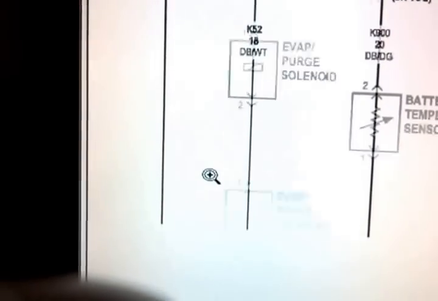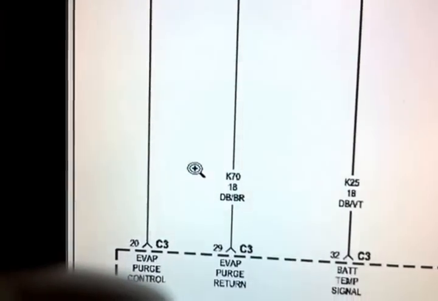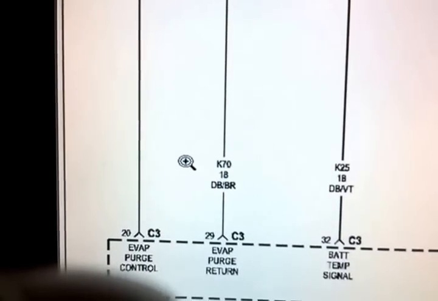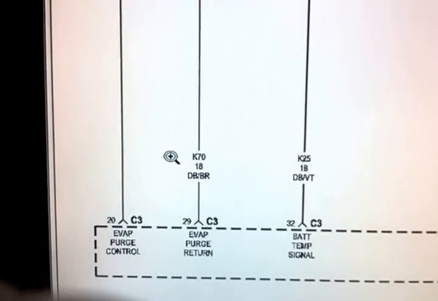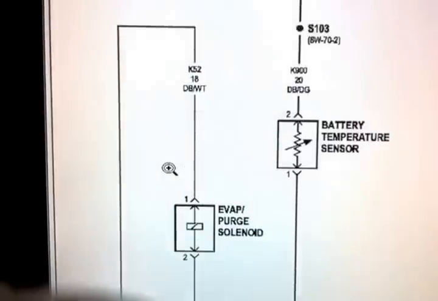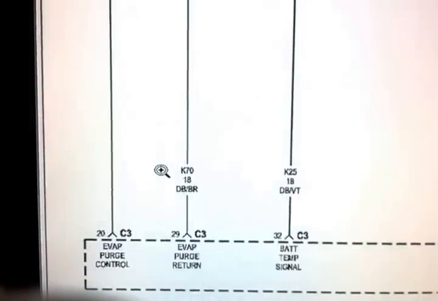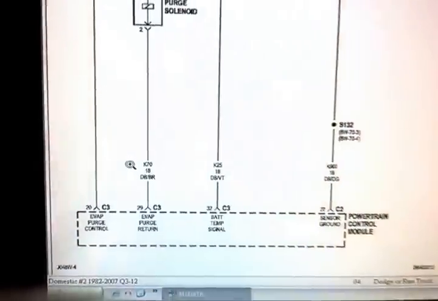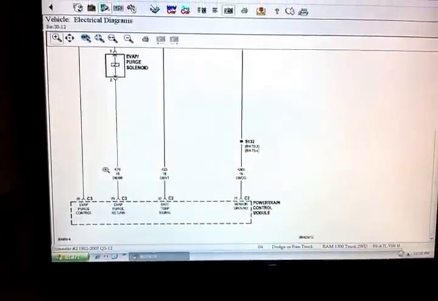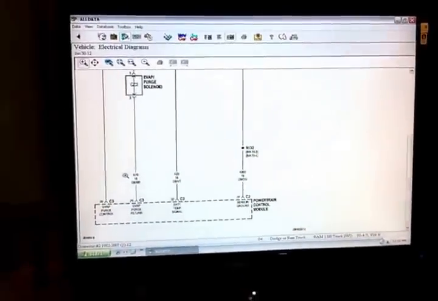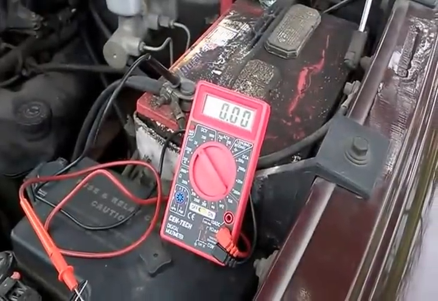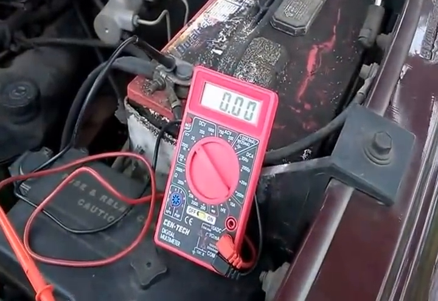So I see that there's a dark blue with white and a dark blue with brown. The dark blue with brown is the Evap purge return, and the dark blue with white is the Evap purge control. So let's go to the sensor and do some voltage checks. So this is my voltmeter.